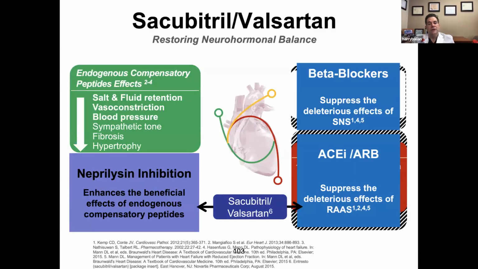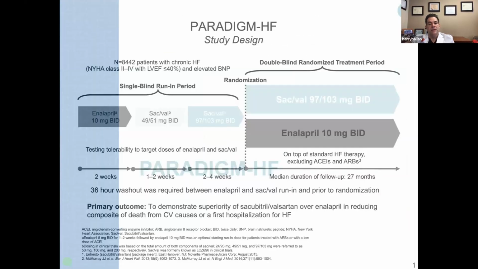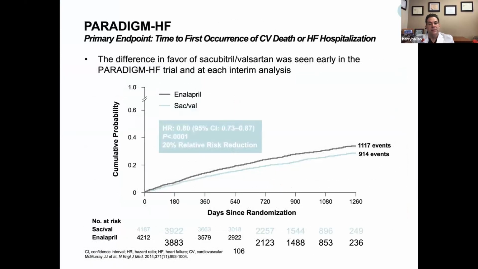Overall, it showed that patients on Entresto, in light blue, had a lower number of events versus ACE inhibitor, a lower number of heart failure events, and a lower number of rehospitalizations. So Entresto had a statistically significant benefit over ACE inhibitors in the treatment of heart failure and keeping patients out of the hospital.